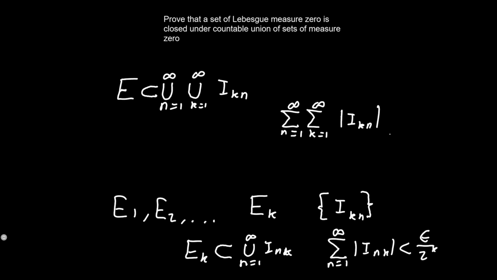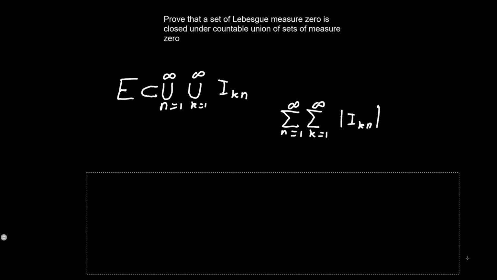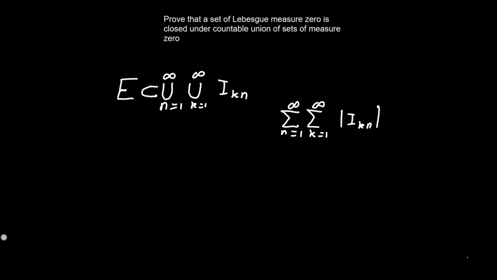For every k, the total length satisfies this series: the sum from n equals 1 to infinity of I_{k,n} is less than epsilon over 2 to the k.